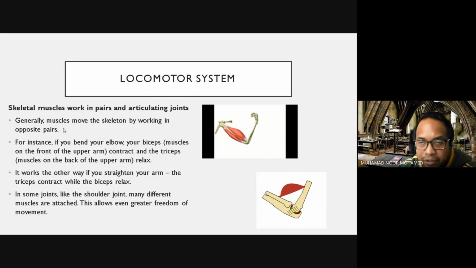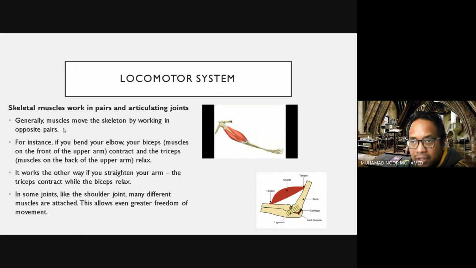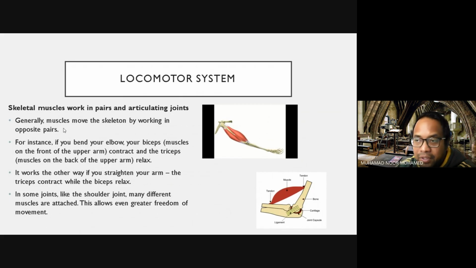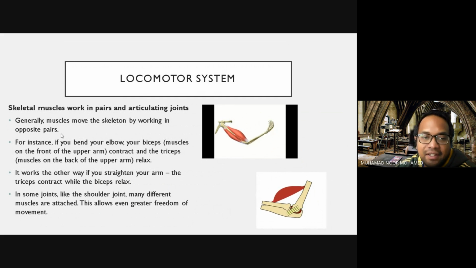We have the pectoralis at the front. We have the deltoid. We have the spine muscle and everything at the back, in order to ensure one muscle contract and another muscle will relax. So the end product, we are going to see articulating movement. This is what we call as muscle works by pairs.